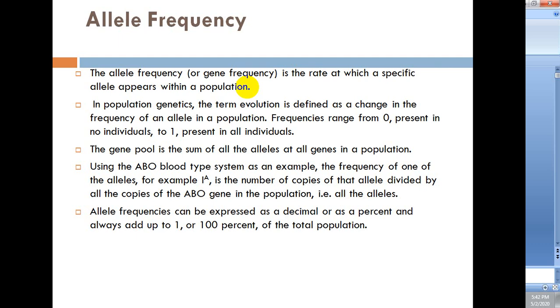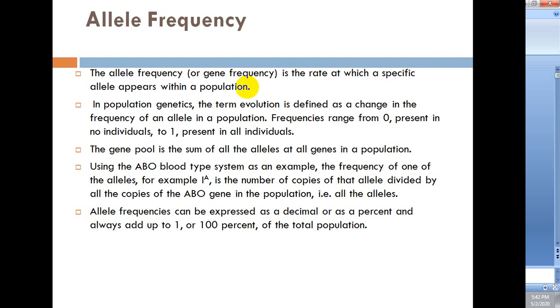This frequency of an allele ranges from 0, meaning it is present in no individuals, to 1, meaning it is present in all the individuals in the population. And the gene pool is the sum of all the alleles at all genes in a population.